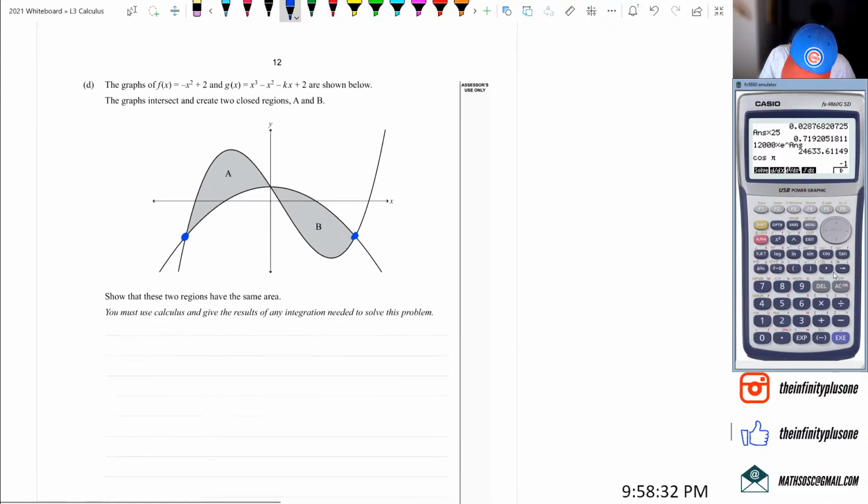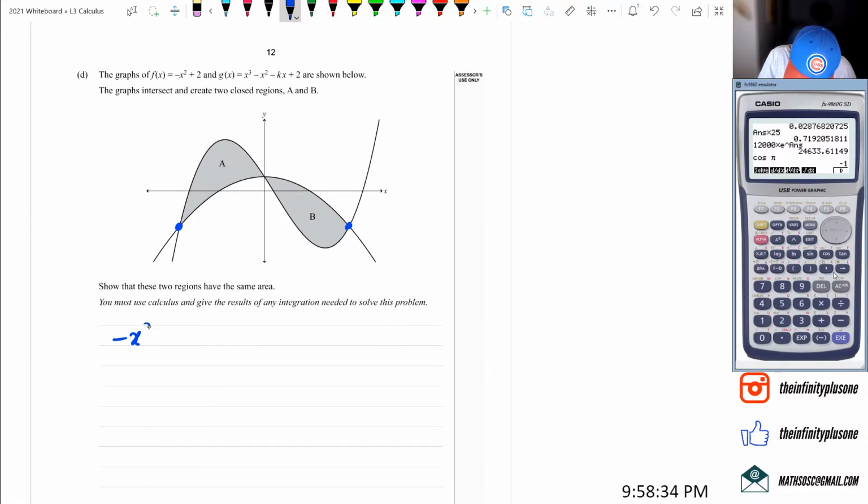So we've got negative x squared plus 2 equals x cubed minus x squared minus kx plus 2. Normally, if we didn't have a k, we would just put this in the graphics calculator and get the points out. But unfortunately, with this question, we have to rearrange to get whatever those 2 points are.